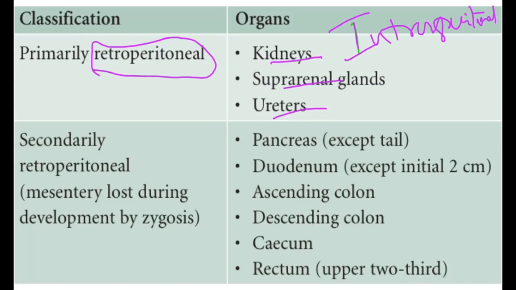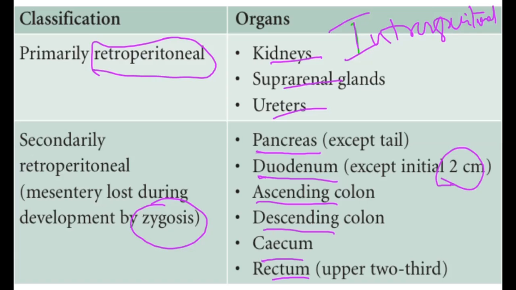Pancreas except the tail, duodenum except the initial 2 centimeters, ascending colon, descending colon, cecum, and rectum for 2/3 only. They are all secondarily retroperitoneal organs. So they are not examples of primary retroperitoneal organs, right?